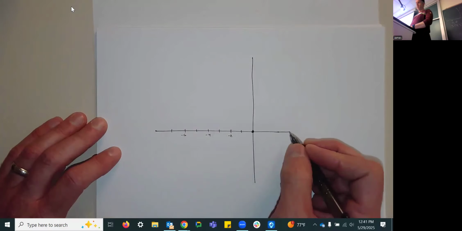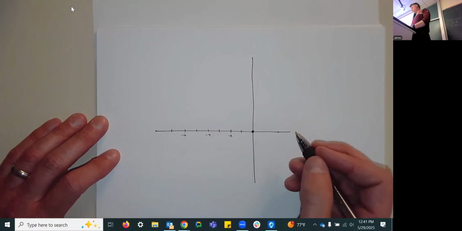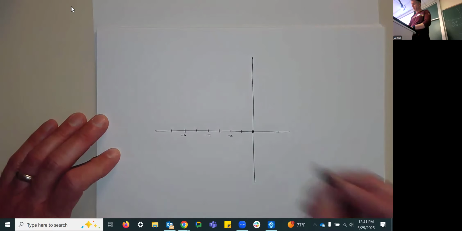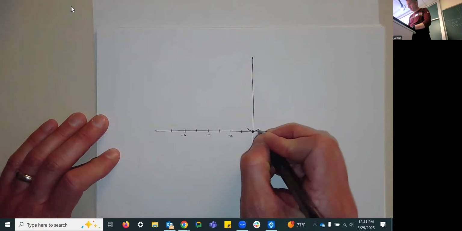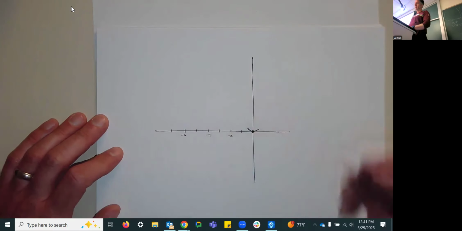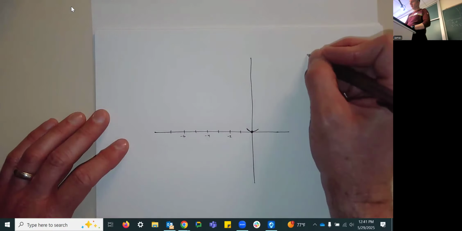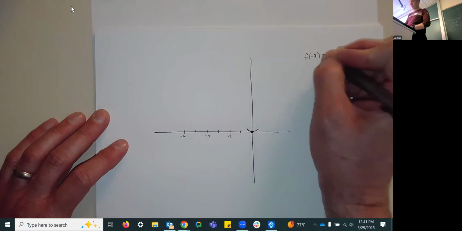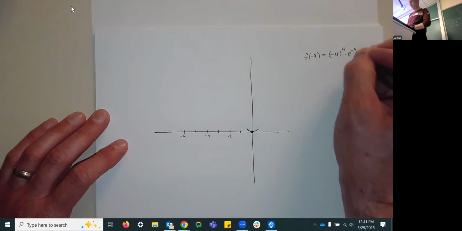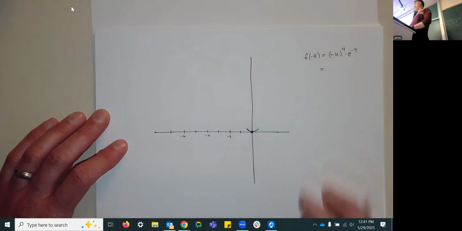All right, so what else do we have here? We had a relative minimum at 0, 0. And we have a relative maximum at -4, comma, whatever f of -4 was. All right, so f of -4. Well, that's going to be kind of gross. It's -4 to the fourth times e to the -4. I'm not trying to actually find the value here.